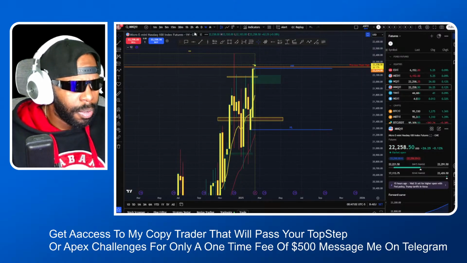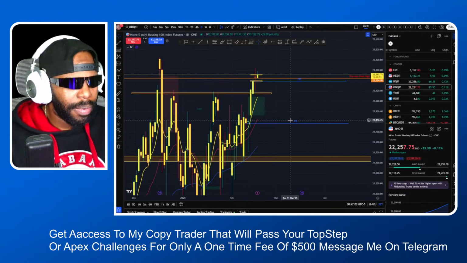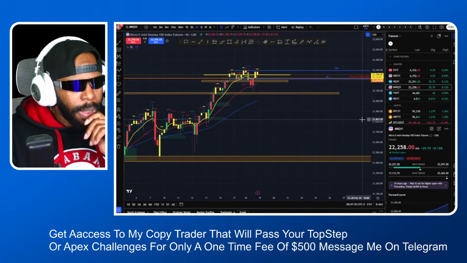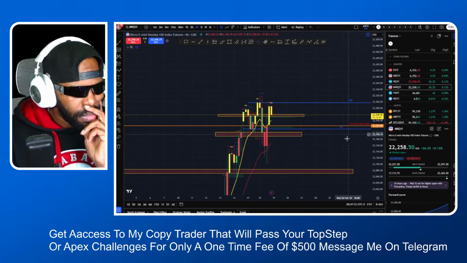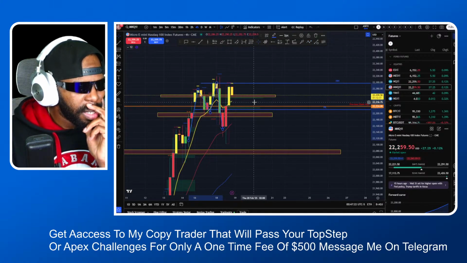So daily, we're bullish, creating higher highs and higher lows. On the 4 hour, we were creating higher highs, higher lows, higher highs, and then we created a lower low. So technically right now, at the moment, we're bearish on the 4 hour.